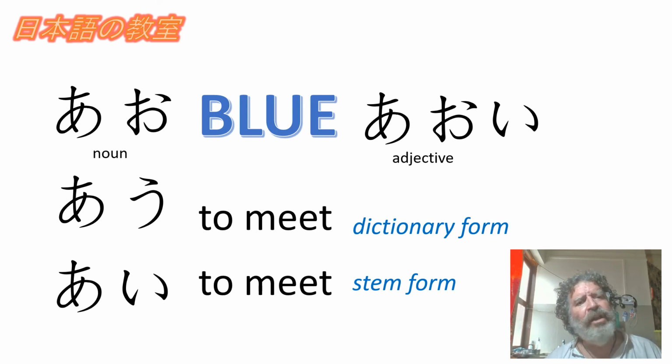So this is all the words that you can form starting with a, and then the vowels following them. So we have the noun blue, the adjective blue, the dictionary form of meet, and the stem form of meet, four words that we can form using just four different letters.